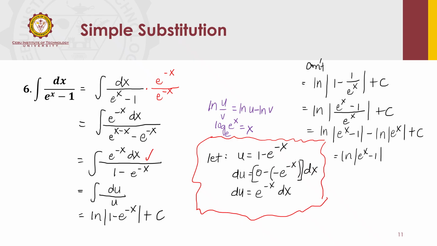And then ln, take note, is log to the base e, so therefore ln of e to the x has a simplified value equal to x and then plus c. So if we follow the formatting that the exponent of e is positive x, then this would be our final answer.